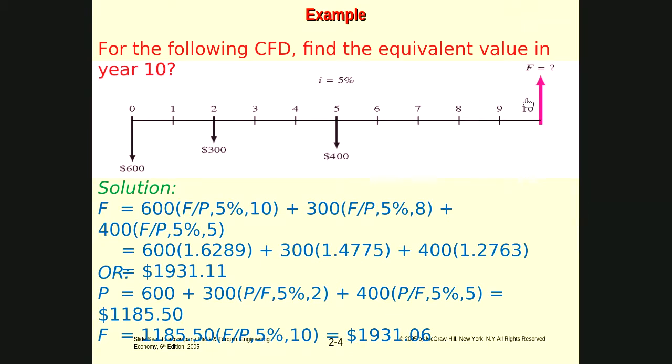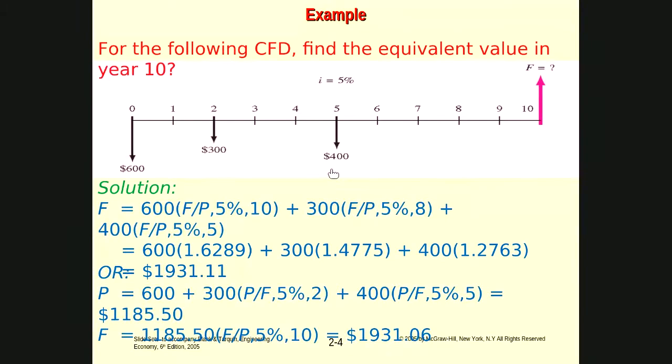Why can we do this? Why don't I add the 600, the 300, and the 400 together here and then convert them? Because they are placed in different years. We cannot add kilograms with grams, right? We have to convert both to the same exact unit, then we can add them together.